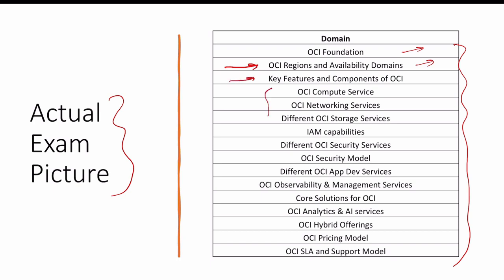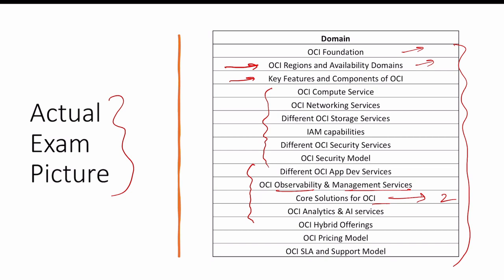Then you will see questions related to core services, and then the new services start from here, like OCI app dev services, OCI observability and management services like logging, monitoring and log analytics, then core solutions for OCI. Yes, here I saw 2 questions which are a little bit scenario based but not fully. In general, if you understand the concept, then you will be able to handle these questions.